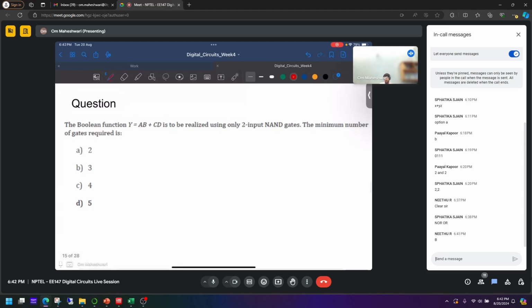So how many gates can we realize AB plus CD using two input NAND gates?